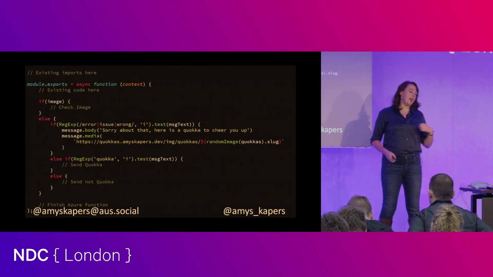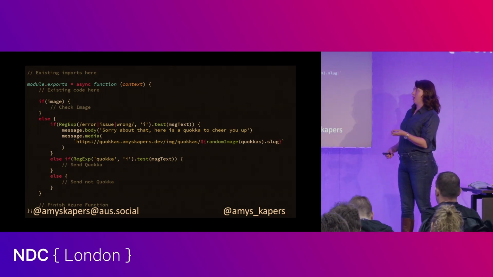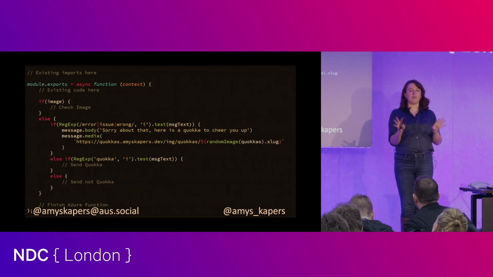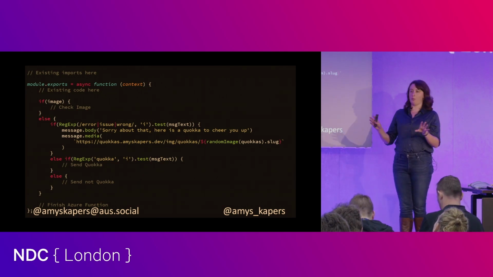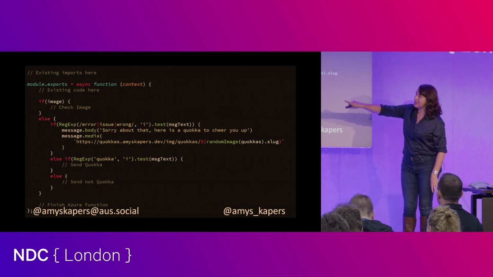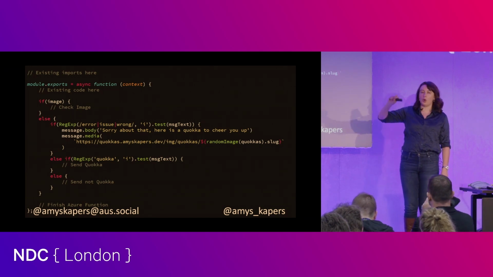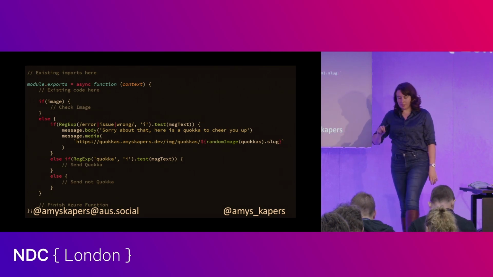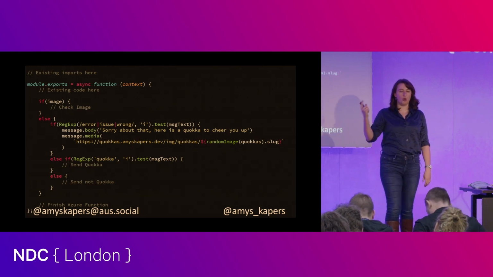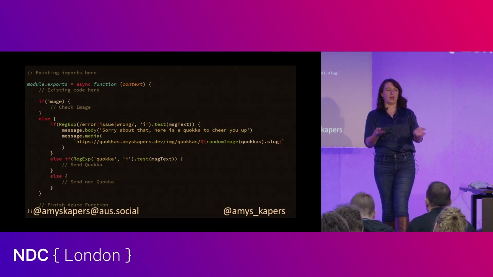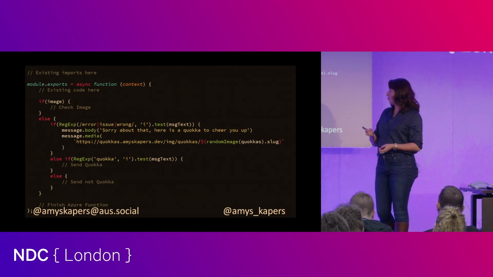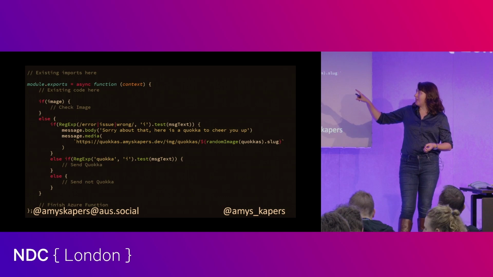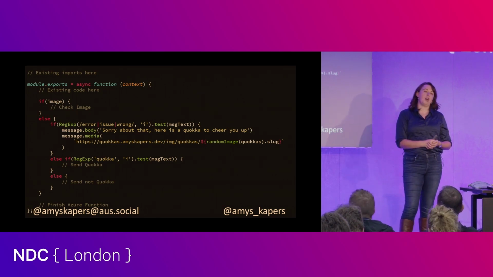So I added error messaging, which again uses our very advanced AI. We have a regex that checks: does the message text contain the word error, issue, or wrong? If it does, I assumed that they were trying to report an incorrect result. So I'm going to set the message body to say, sorry about that, here's a Quokka to cheer you up.